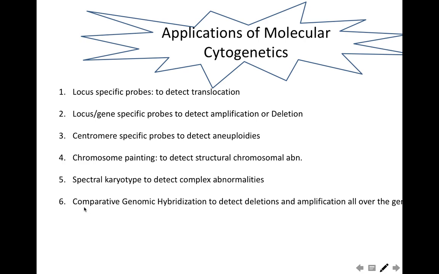The final type of the molecular cytogenetics is called comparative genomic hybridization, and from the name, comparative means you are comparing two things.